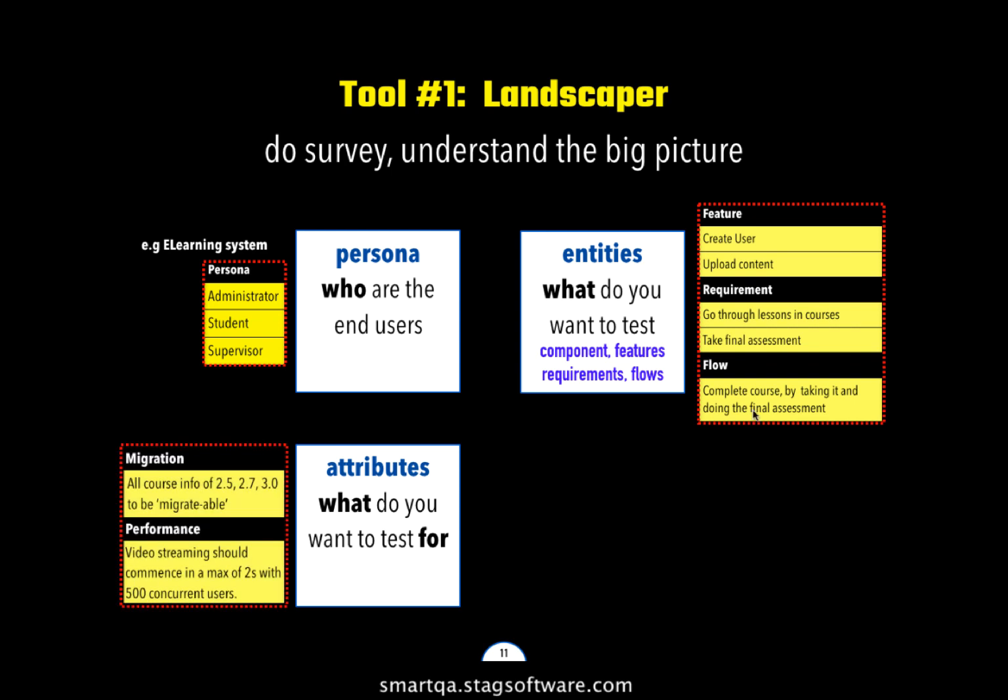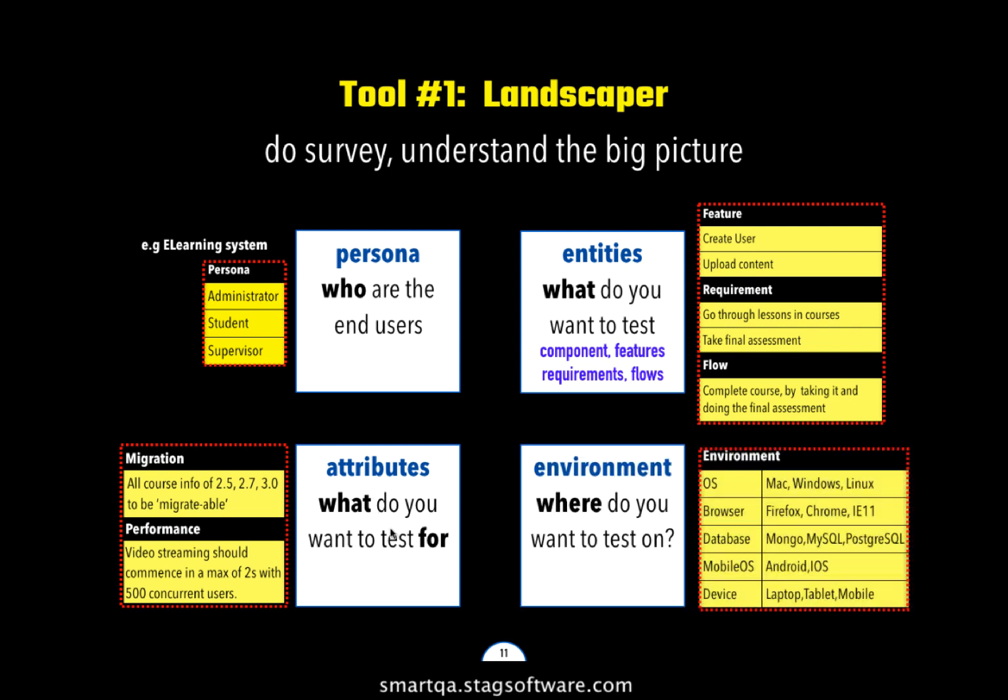Thirdly, the survey involves understanding the attributes. What do you want to test for? Other than functionality, there could be other things like performance, like being able to migrate to prior versions. So all these are really attributes. What do you want to test for? And finally, the environment. Where do you want to test this on?